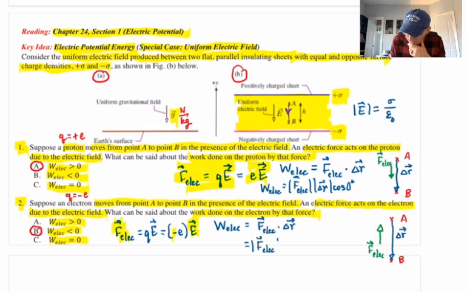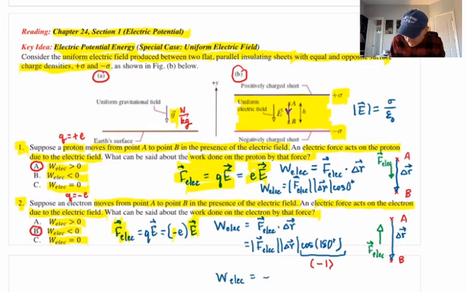Magnitude F electric, magnitude delta R, cosine of the angle between F electric and delta R. F electric points up, delta R points down. Exactly opposite directions, right? So what's that angle between them? Because that's what I have to take the cosine of. Did you say 180 degrees? And what's the cosine of 180 degrees? Did you say -1?